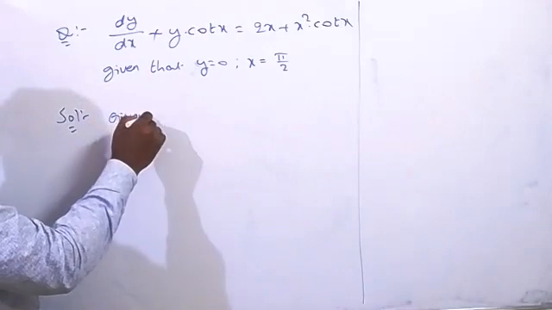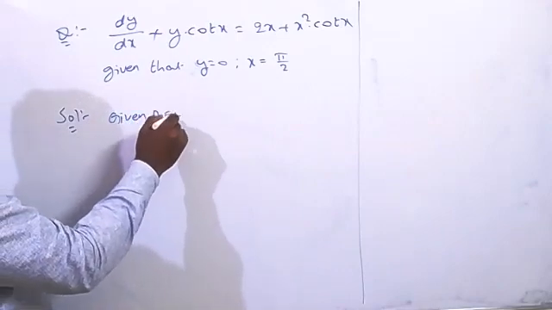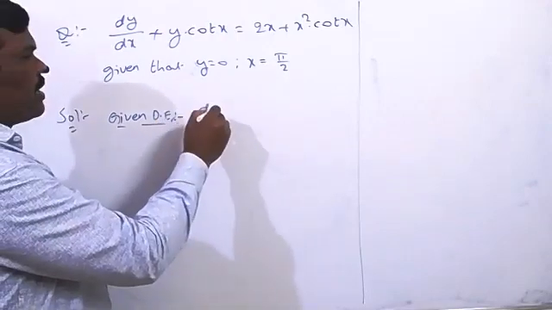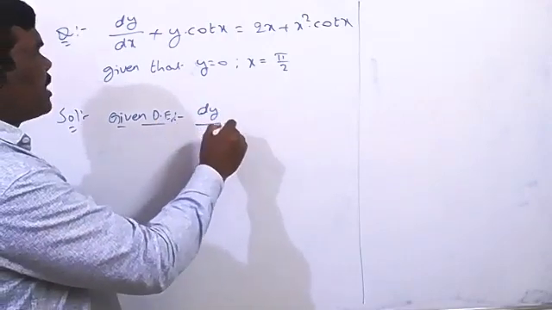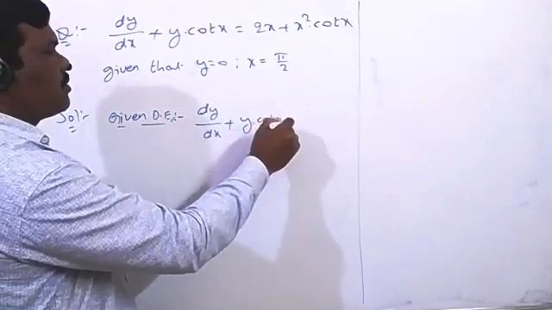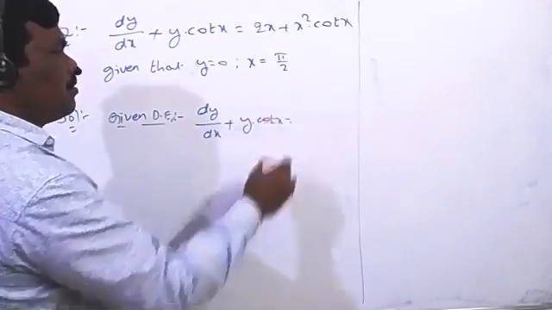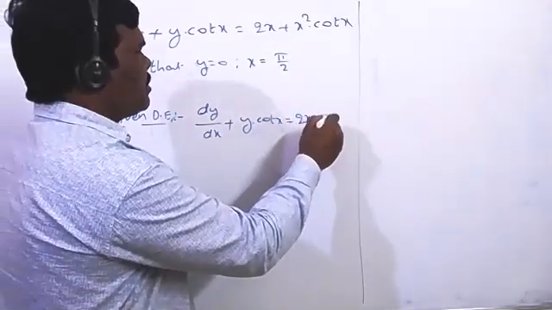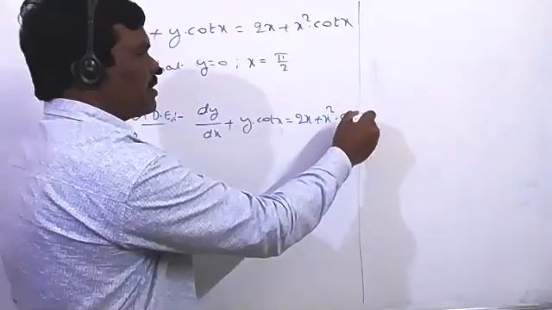The given differential equation is dy by dx plus y into cot x is equal to 2x plus x square into cot x.